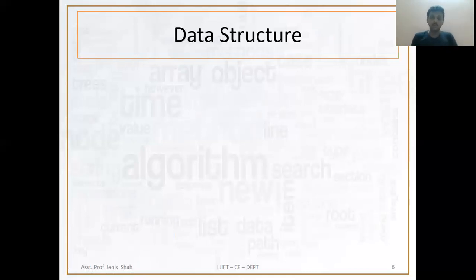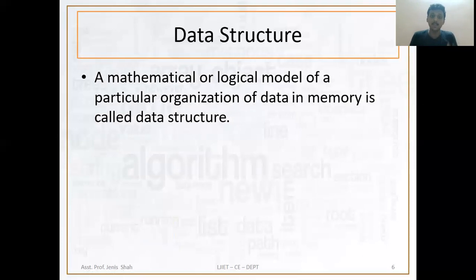In technical terms, according to the book, data structure is a mathematical or logical model of a particular organization of data in memory. A mathematical model that shows how to organize your data so that the retrieval process becomes easy.